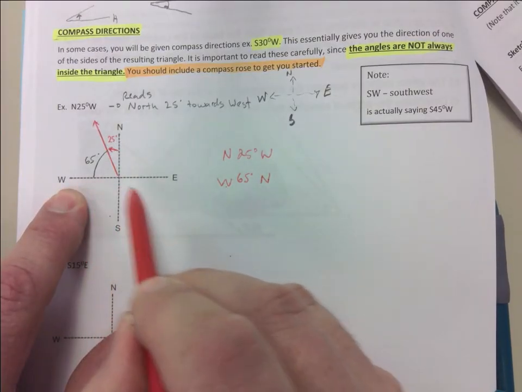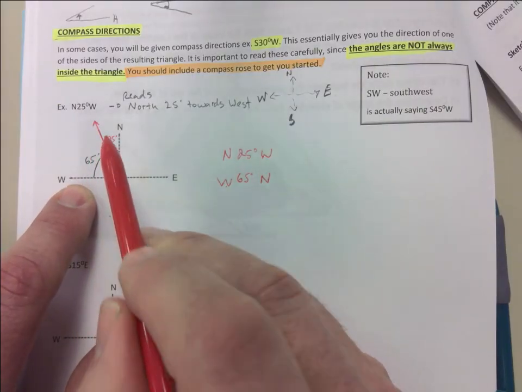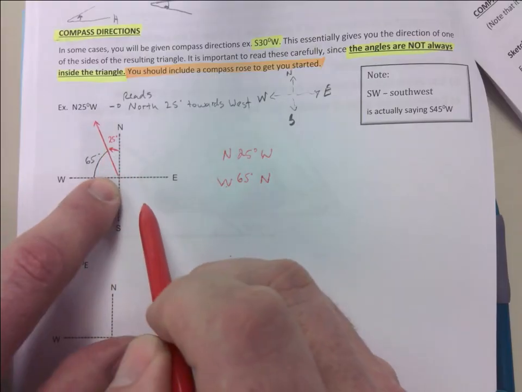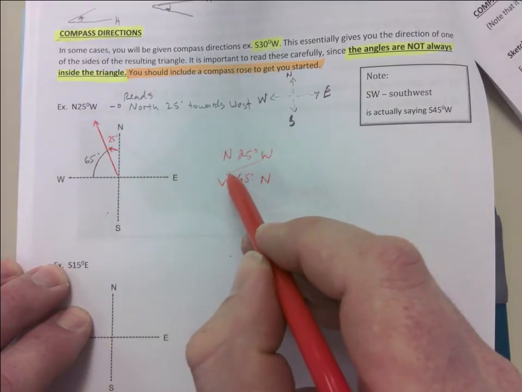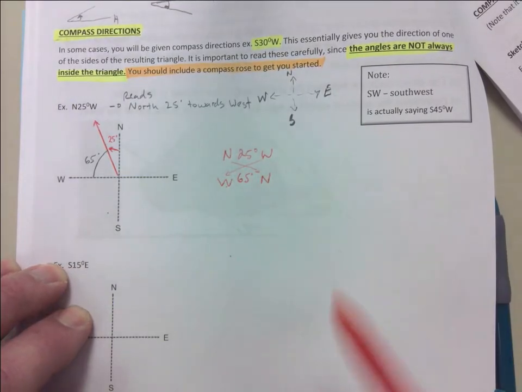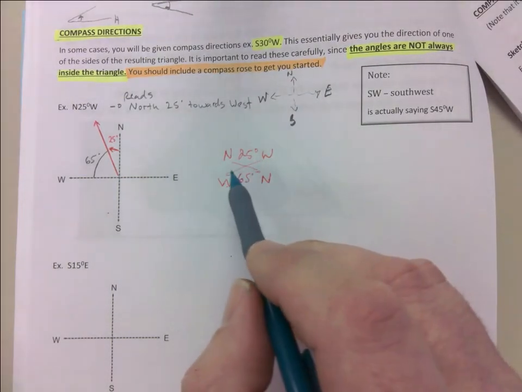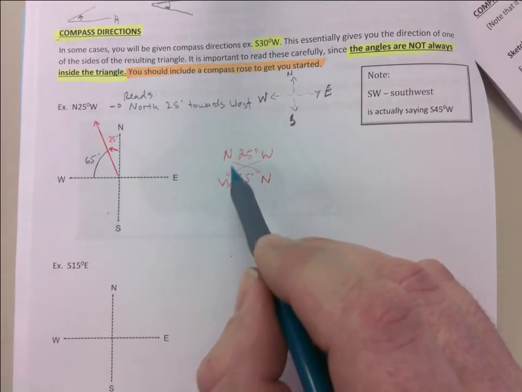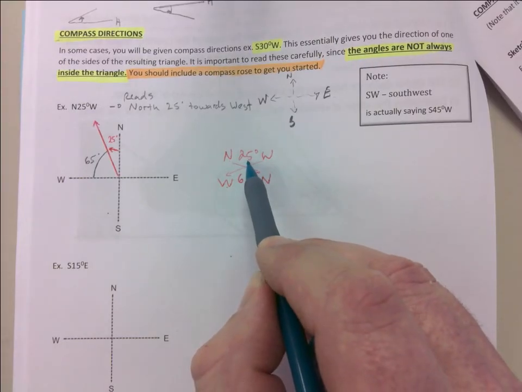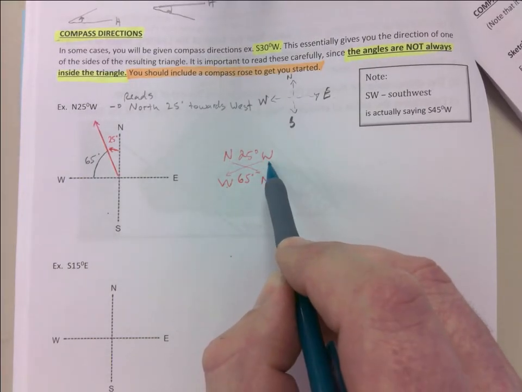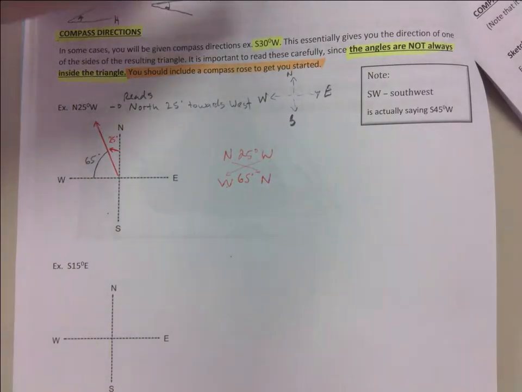So if you were to refer to this direction, you say west turn 65 north or north 25 west, you're talking about the exact same direction. This is just a fun fact. You don't need to necessarily write this in, you just have to be comfortable with either format. So the first letter is where you start, then the degree of turn, and then the second letter tells you where we are turning towards. That's what I want you to remember.